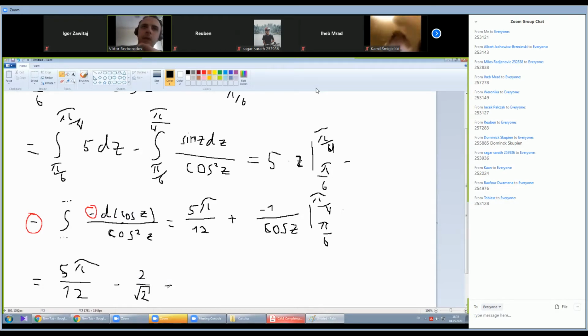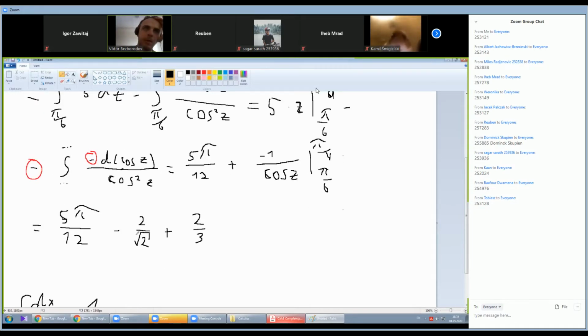And then plus cosine of pi over 6 is going to be square root of 3 over 2, so it's going to be 2. So it's going to be like this. Okay, so this, of course, could be written just as square root of 2. Probably is better.